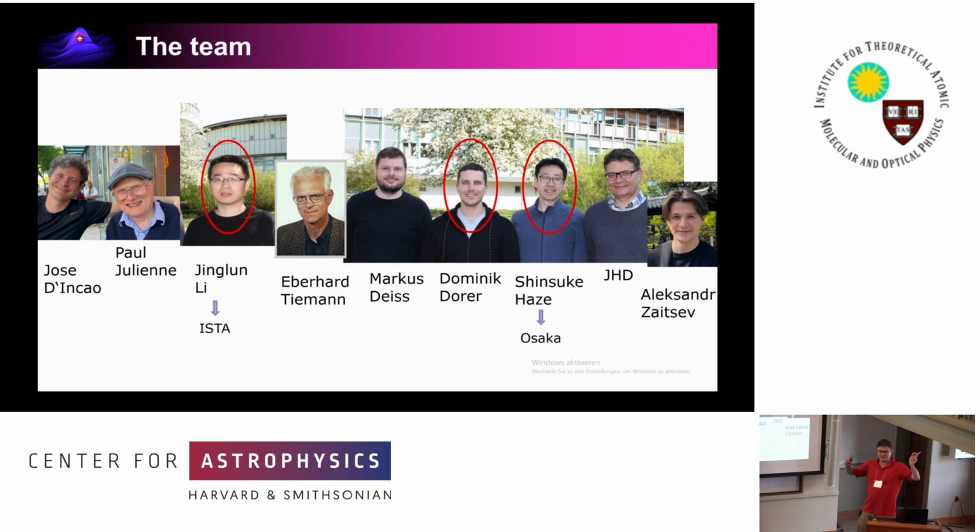Over thousands of kilometers, they've been working together. Jinglun is now in Austria at ISTA. Then we have this nice collaboration with Eberhard Tiemann, who is a spectroscopist. And here is our experimental group in Ulm. Experiments were carried out by Dominik Dorer and Shinsuke Haze, and Shinsuke is now an associate professor in Osaka.